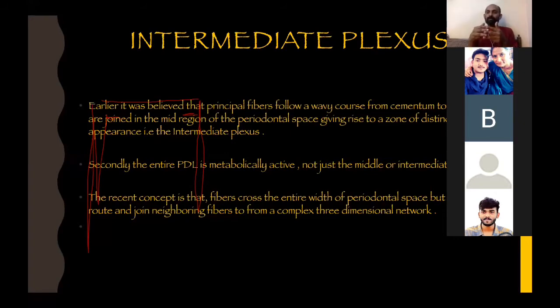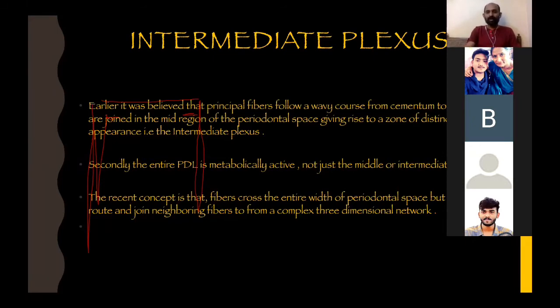But in the previous classes, when Ramya ma'am took the class, she would have said that the periodontal ligament is constantly undergoing change. It is a structure where normalcy has to be maintained, that is homeostasis. So it has to be highly metabolically active. So this statement that the plexus area is the active one was disproven, which means the entire periodontal ligament is metabolically active.